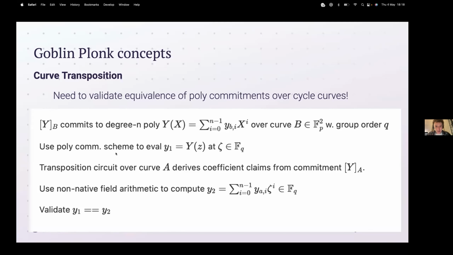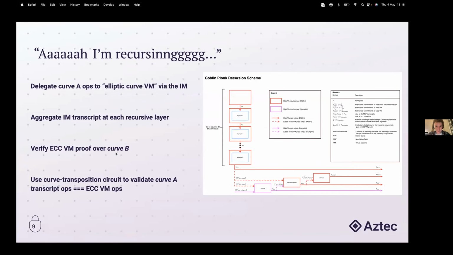So that's a lot of information, a big info dump, but this is to try and summarize it all. You want to do your main recursion over a curve A. The scalar multiplication operations of curve A that you need to do when verifying, you delegate to this imagined elliptic curve virtual machine via this instruction machine process, where you're shoving the operations into a transcript.